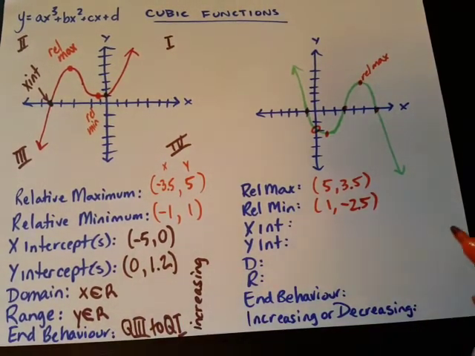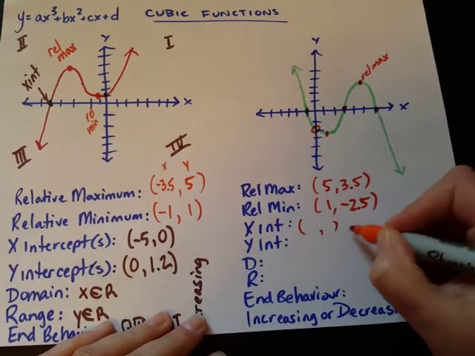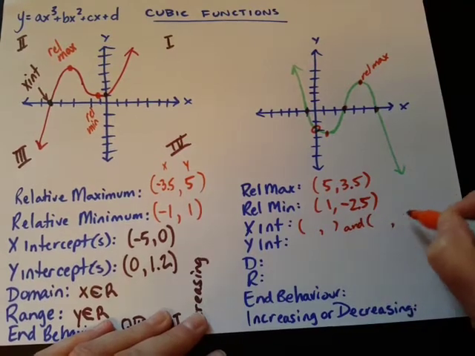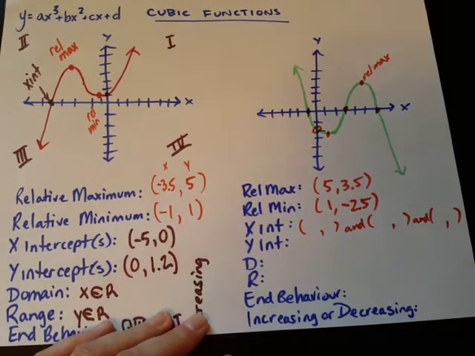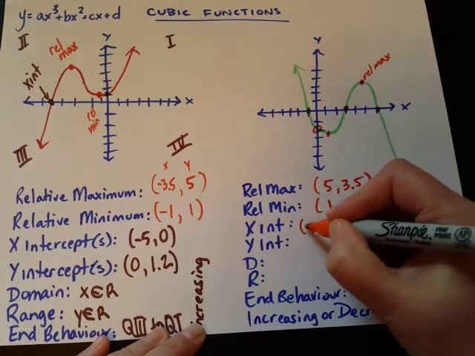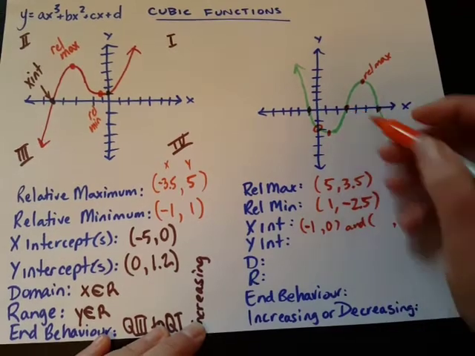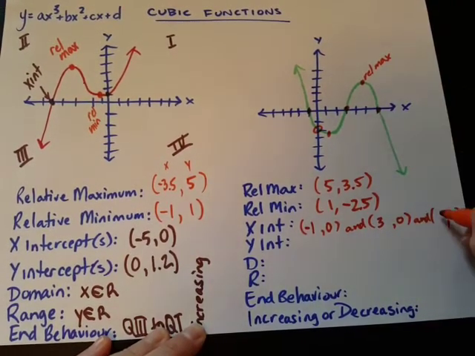The x intercepts, we're going to have 3, so we need 3 different points. So the commas, the brackets, everything's important. Let's start labeling these off. A negative 1 comma 0. This one will be 3 comma 0, and then that one will be 6.